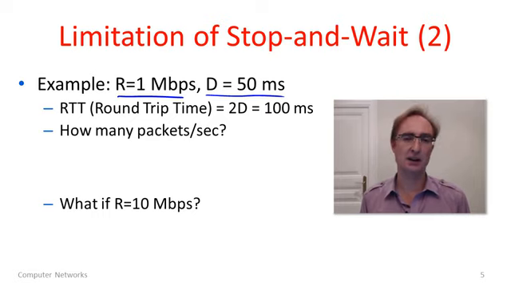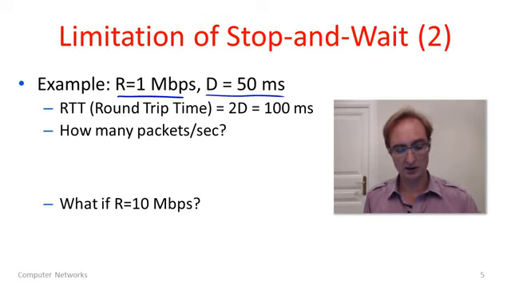How many packets a second can we transfer reliably over this network using stop and wait, which will turn out to be a sliding window of size 1? Well, I can see by inspection that if it takes 100 milliseconds, that's 1/10 of a second, to send a bit to the other side and back, then at most we'll be able to send 10 packets a second.